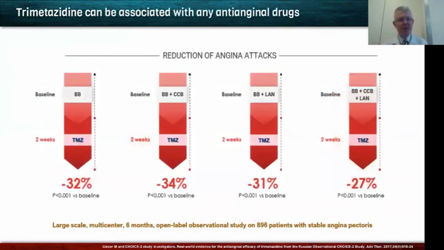But many patients come to us on different background therapies for angina, a combination of beta blocker and calcium channel blocker or long-acting nitrates, or even the triple hemodynamic. So if we add trimetazidine to any combination of anti-angina drug, will we get a benefit? Yes.